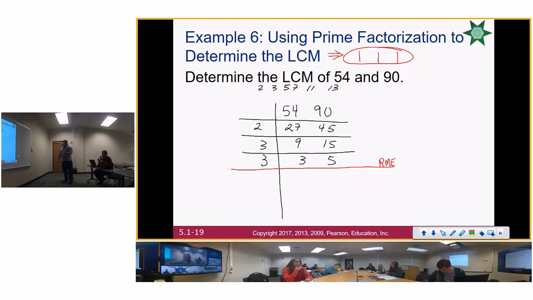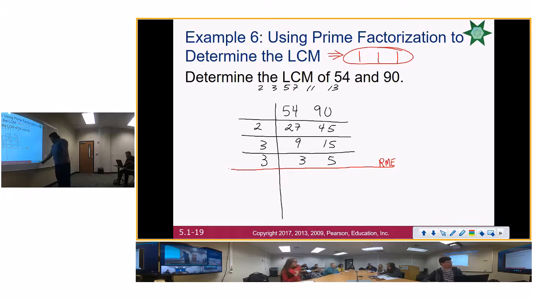Now, when the real math ends, that's where the magic math takes over. The magic math says if you can divide something evenly, you divide it. If you can't, you just bring it down. I'm going to write that in blue.